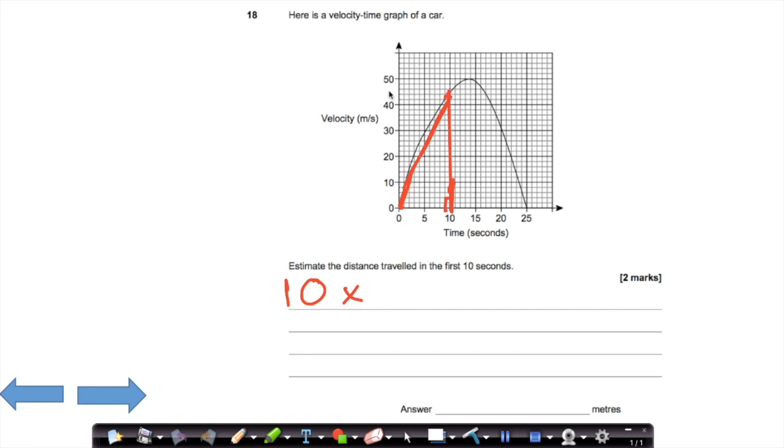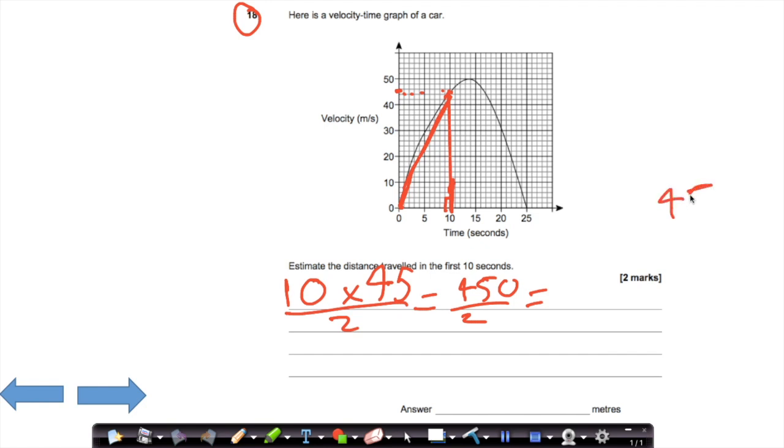So this point here looks like a 45. As we're quite late on in the questions, 18, you do need to be as exact as possible, so read across that it is actually 45. And then whatever that is, we divide it by 2. Well, 45 times by 10 is going to be 450. 450 if we divide that by 2.